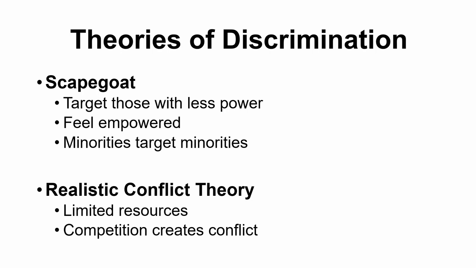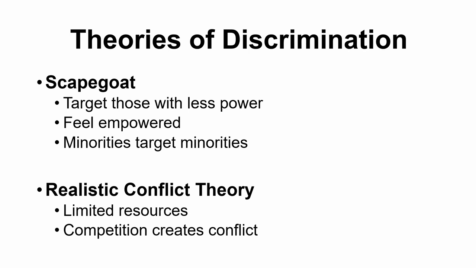So typically, a scapegoat is chosen because it is a group that is less powerful than your own group. So individuals in a particular in-group would choose to target those in an out-group that has less power than their own. And the reason that they do this is to help themselves feel more powerful, because they're channeling their anger at another group that has less power than them.